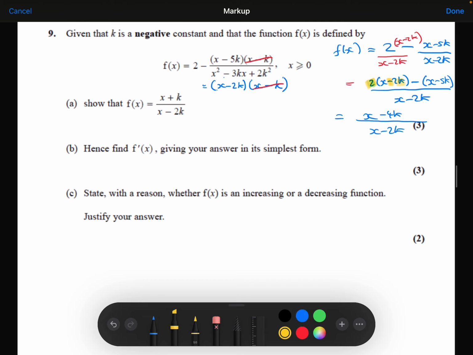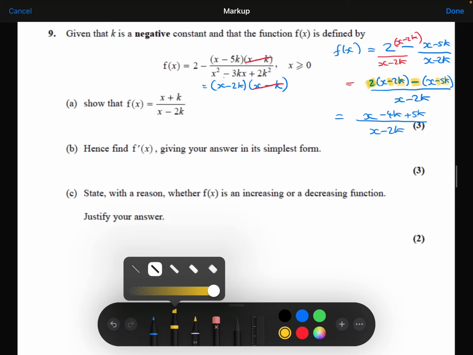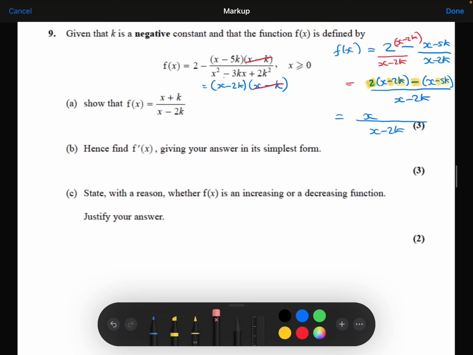And then we've got the minus 5k, so that's plus 5k. And then the minus 4k and the plus 5k is just going to be plus k. And this was what we needed to show for part A.